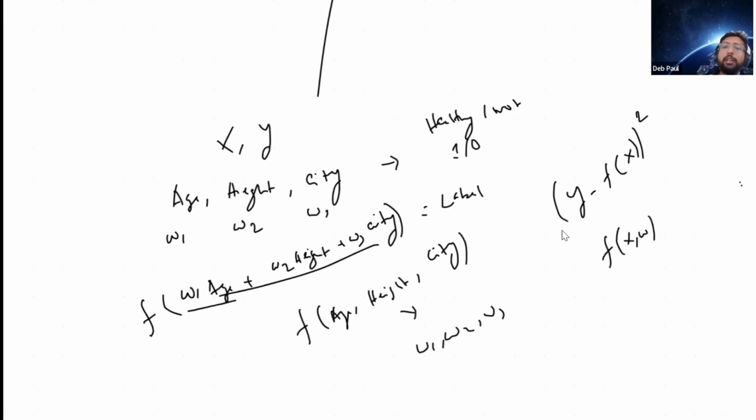This is my loss function, and then I will do gradient descent with dL/dw, and I will learn the weights by w = w minus some learning rate times dL/dw.